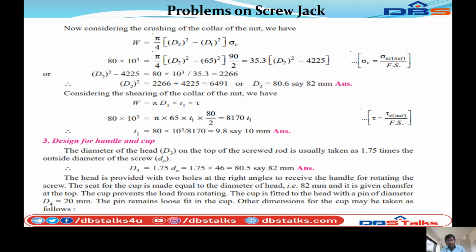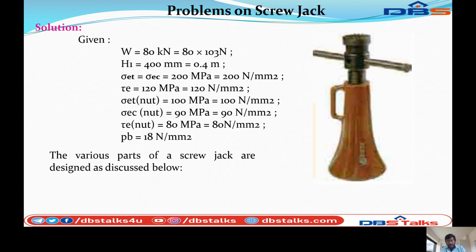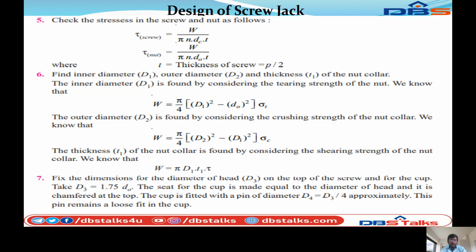See the given data, tau E nut is equal to 80 megapascals. The formula is also taken from the design of the screw jack in the sixth step, W equal to pi into d1 into t1 into tau. That's how we can note down the formula for the given problem.